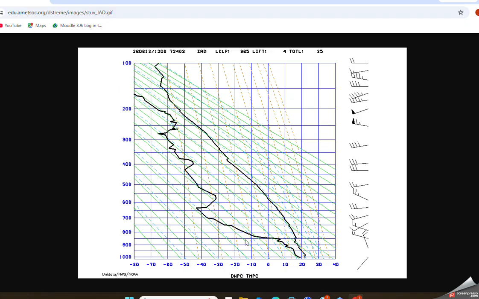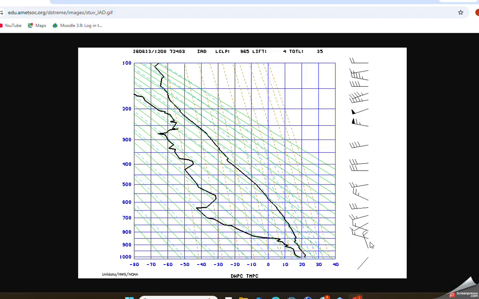If I go up, say I'm looking at 850 millibars, which is roughly around 5,000 feet up, I have a temperature. Looks like about 17. Dew point, maybe right in here somewhere. Looks like about 5 degrees Celsius.